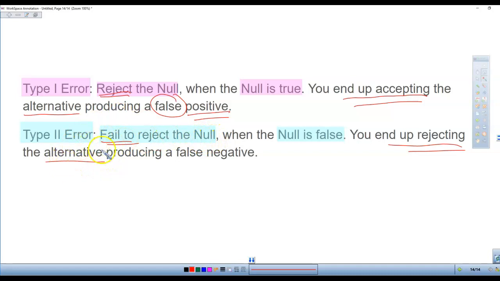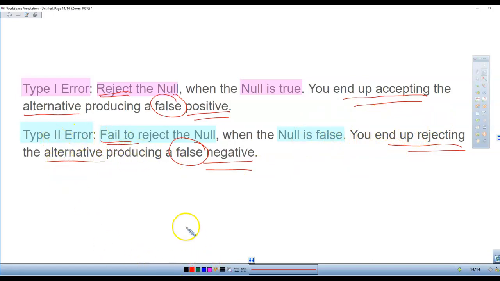Therefore, you end up rejecting the alternative. You can't accept it because you didn't provide enough evidence. So you're rejecting the alternative, which produces a negative, but it's a false negative because the null really was false. So you should have accepted the alternative, okay?